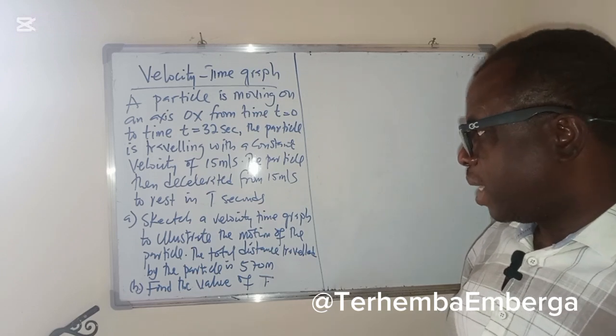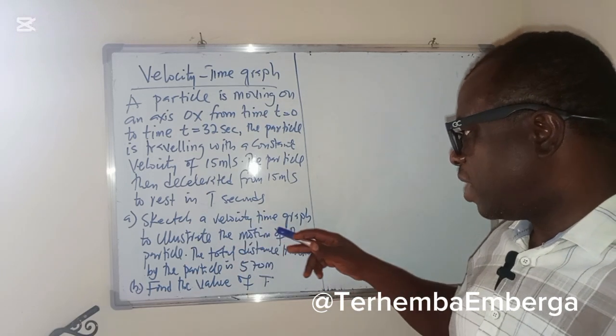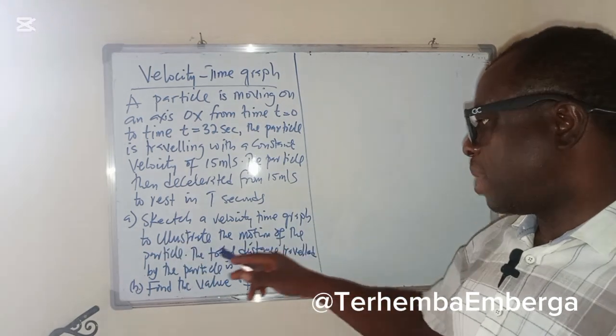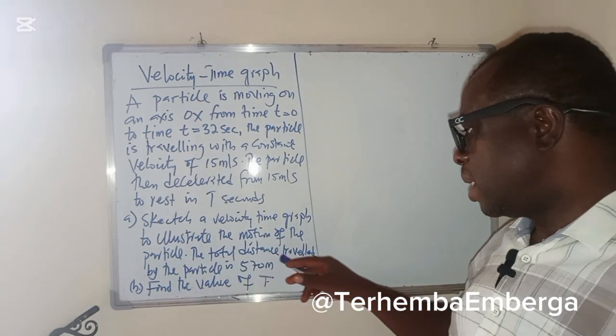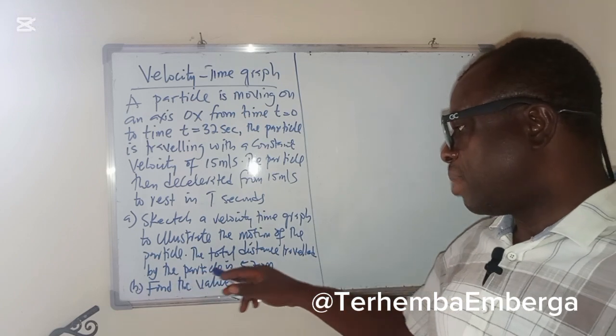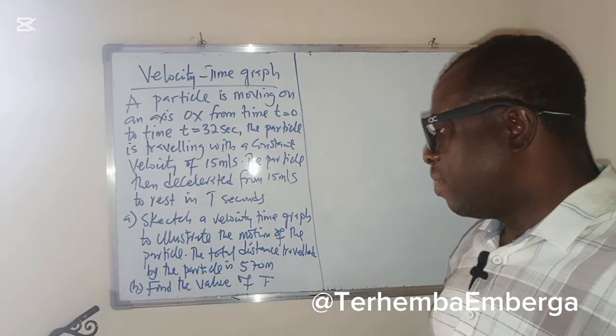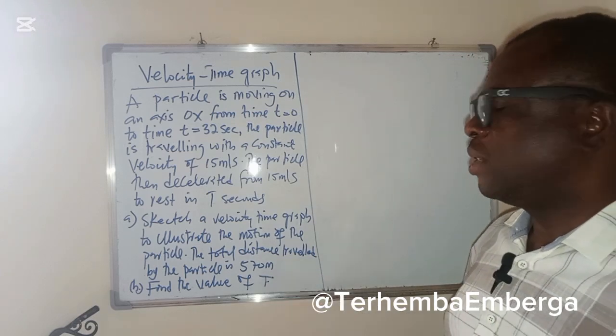First question A. Sketch a velocity time graph to illustrate the motion of the particle. The total distance traveled by the particle is 570 meters. B. Find the value of t.